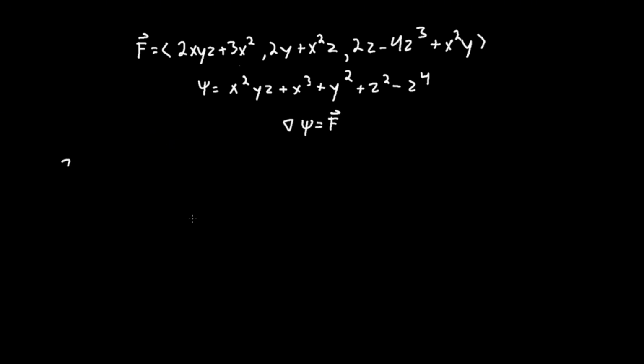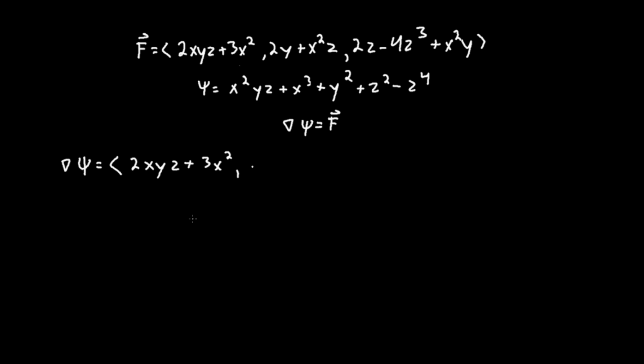So let's go ahead and actually find the gradient of psi after we solved it and see if it's equal to our vector field here. So the gradient of psi is, the first component is the x partial of our psi function. So the x partial of this is like so, 3x squared, and the rest aren't dependent on x, so they are constants and get canceled out when you're finding the x partial.